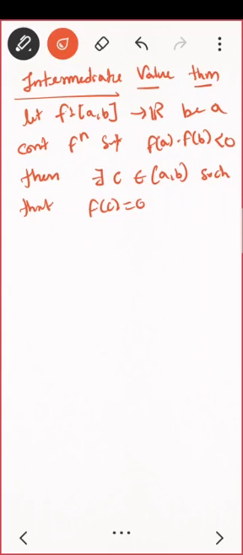Only if one of them is positive, one of them is negative, correct? So that means there will be two cases. First case, you take f of a as a positive number and f of b as a negative number, or else take f of a as negative and f of b as positive. So there will be two possibilities. Is that clear? So this is same as your previous intermediate value property, nothing different. Is that okay?